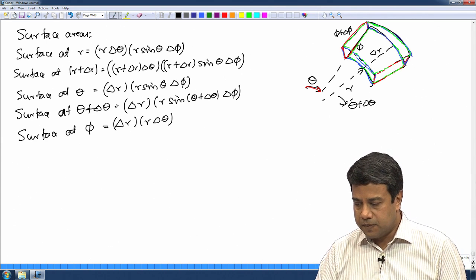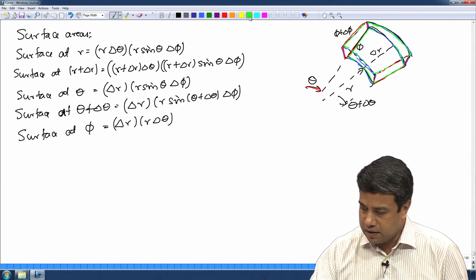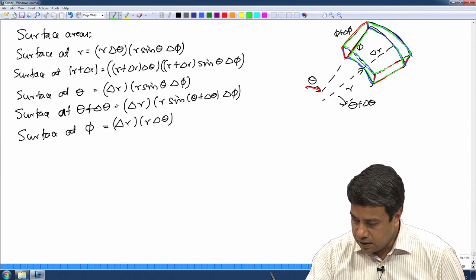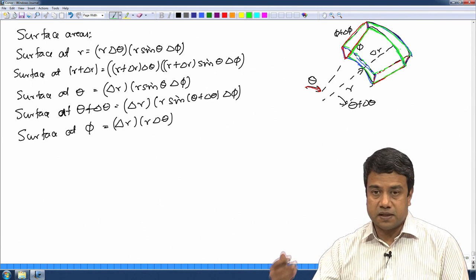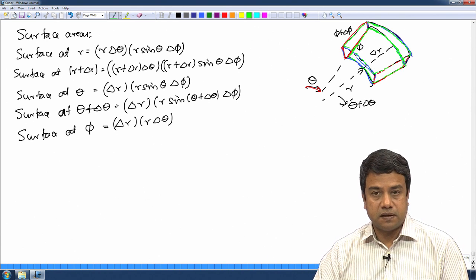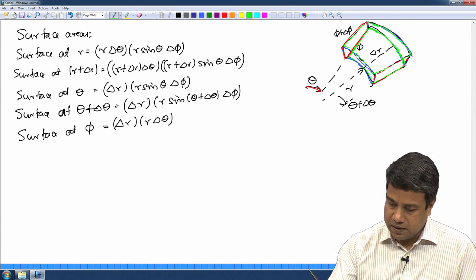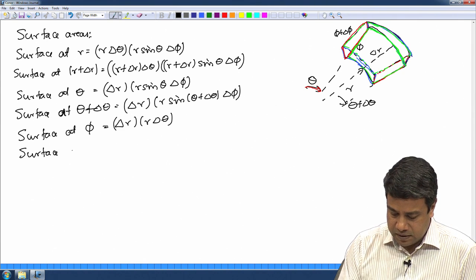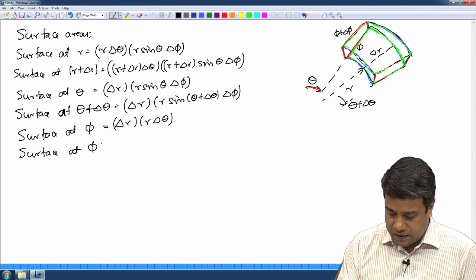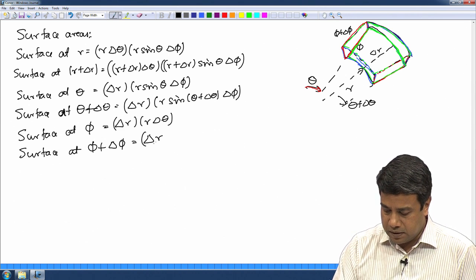That is the distance travelled in the r direction times the distance travelled in the theta direction, the surface area of the surface at phi. And similarly, the surface at phi plus delta phi is equal to delta r times r delta theta.